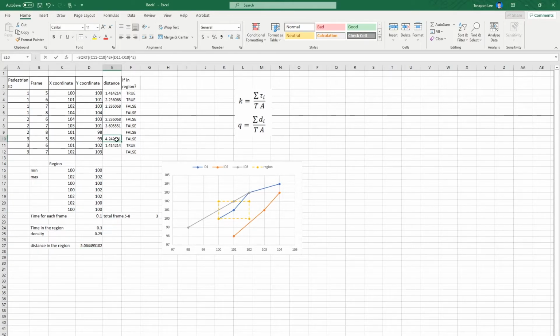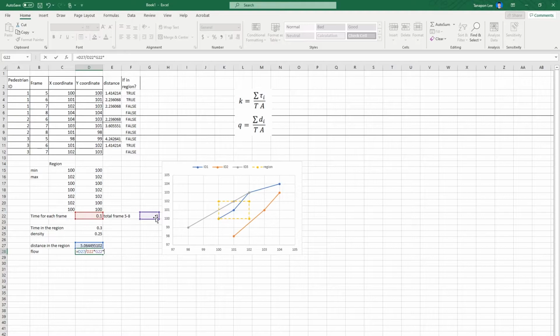So for 3, start from here. And then we can calculate the flow from this distance divided by capital T, 0.1 times 3.